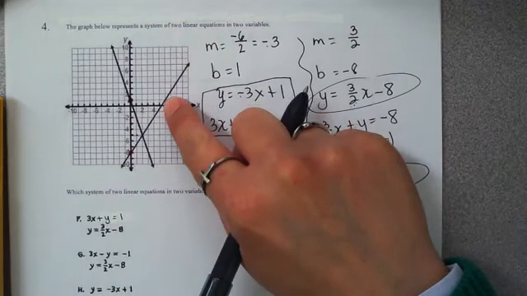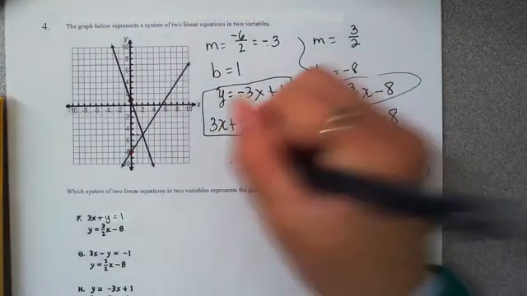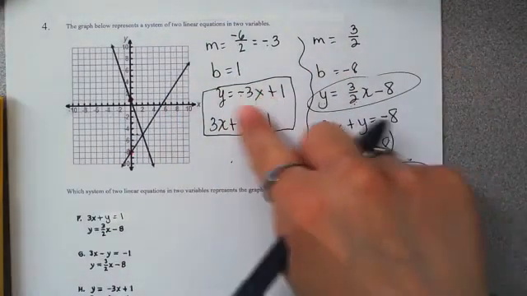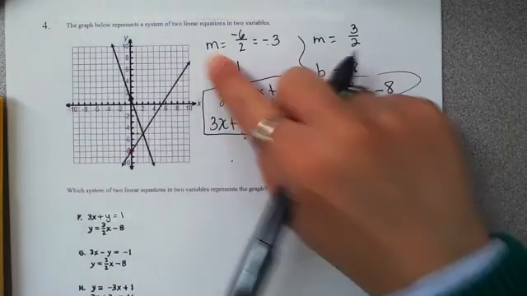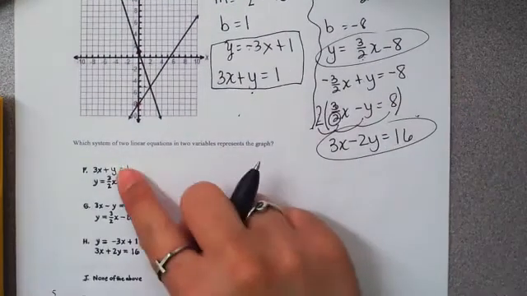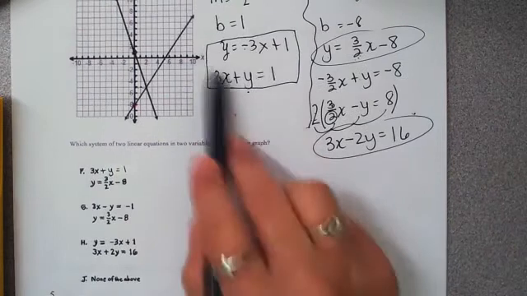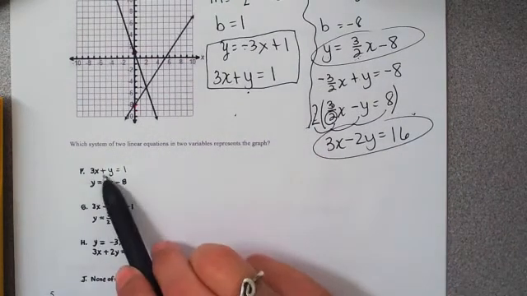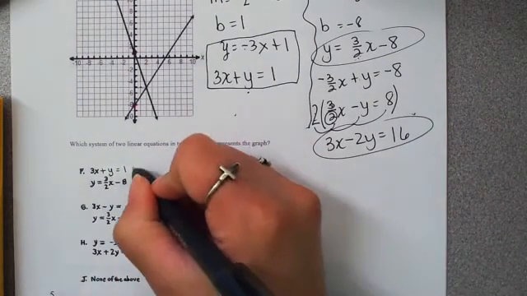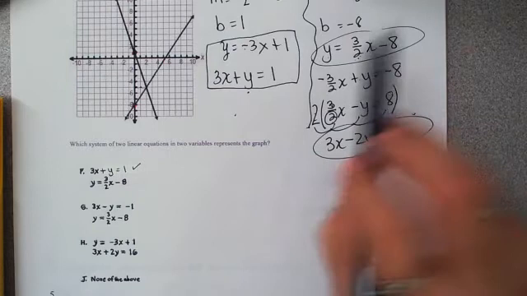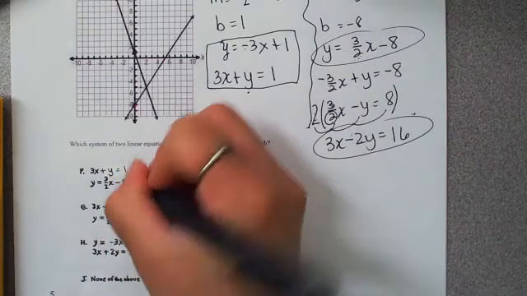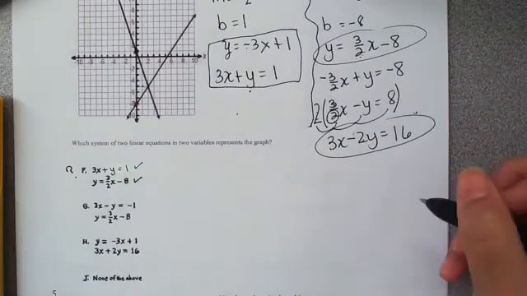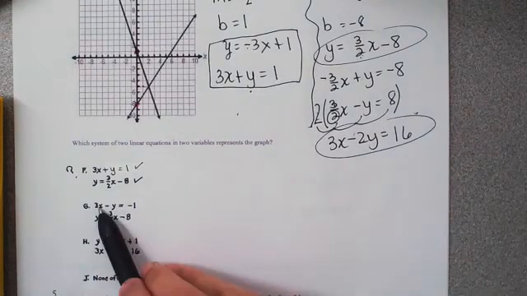So this answer or this answer could be the ones on the answer choices for this line. Okay, but remember, it's got to be one from here, because these are the possible answers for this line. These are the possible answers for this line. So let's see, F. Do you have one from here on F? 3x plus y equals 1. Yes, I have that one. And then on this side, do you have one from here? 3 half x minus 8. Oh, yes, I do.